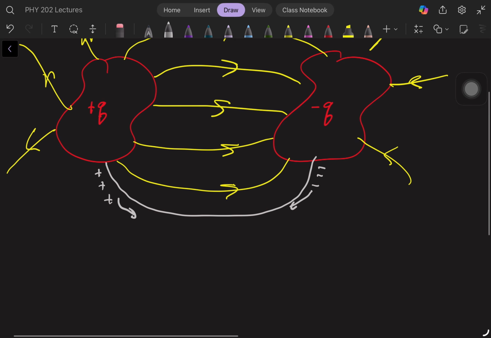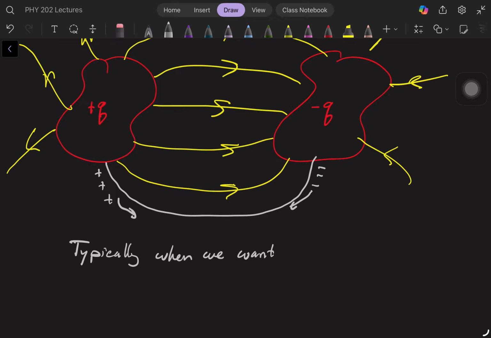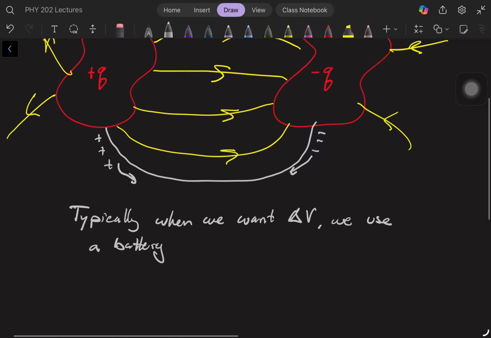You might be thinking, why do we have to do all this? Why can't we just hook up a battery? Typically, when we want a potential difference, we use a battery.